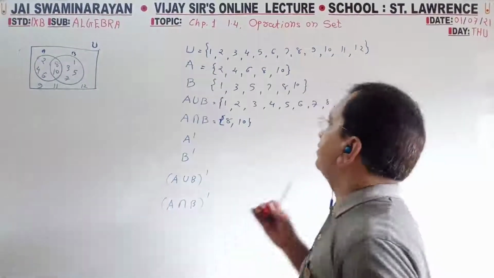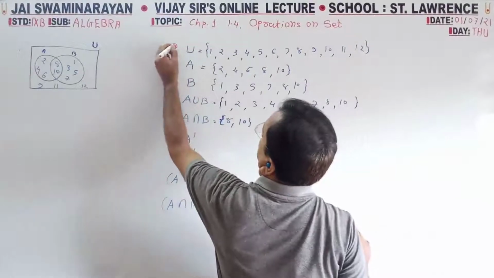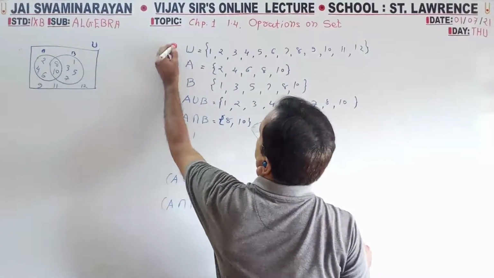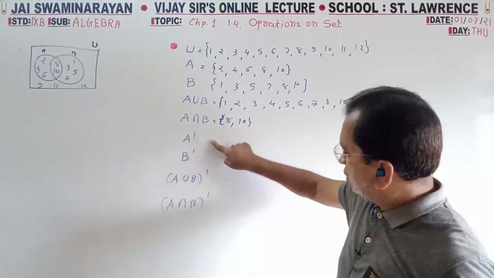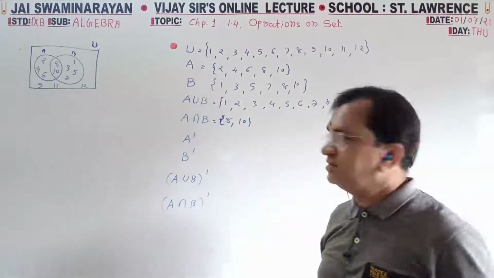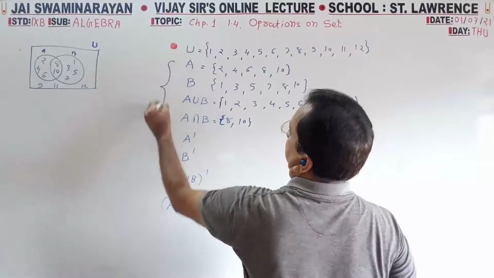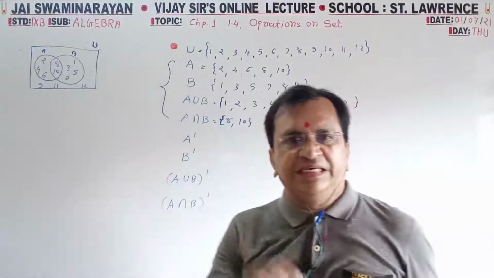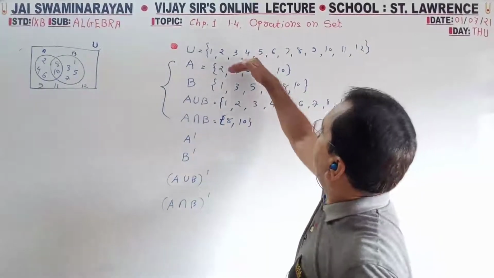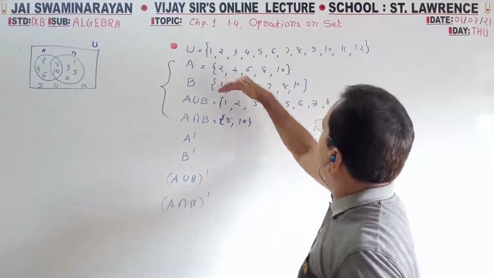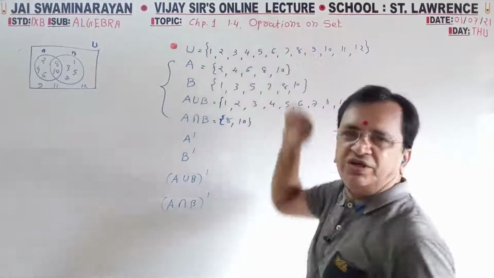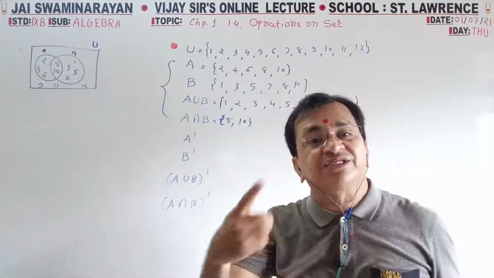Now very important, you have to concentrate on this universal. Now these all are complements of these four groups. A complement means all the A elements you have to remove from the universal; B complement, all B you have to remove from the universal. You have to write the rest.